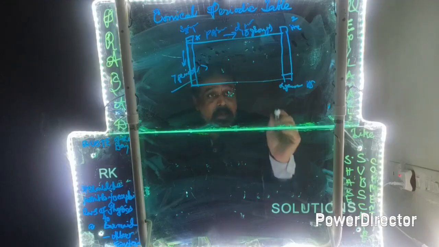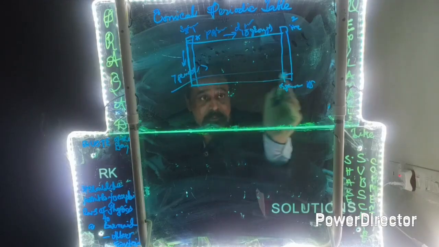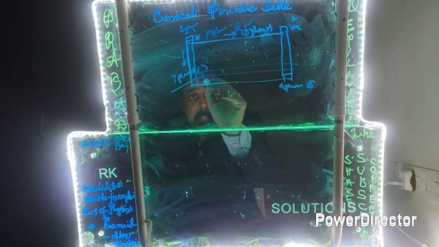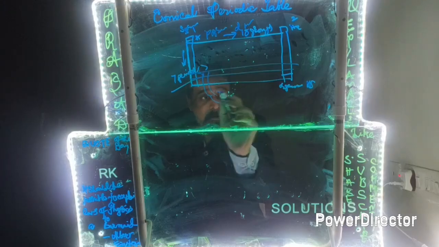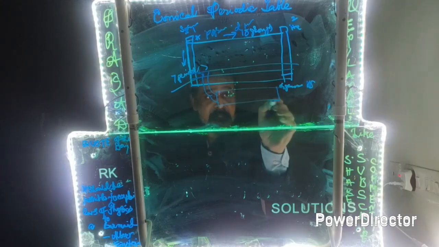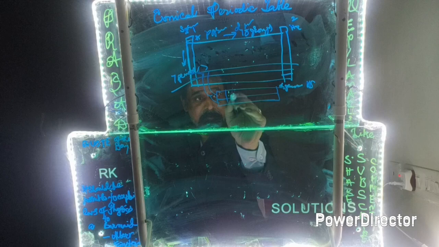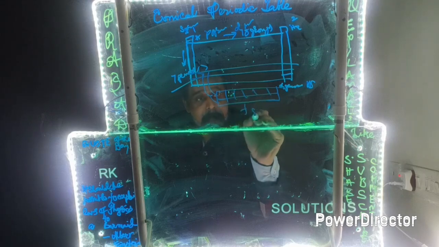But you know, here you have S groups, P groups, D groups, and somewhere here you have the F group.